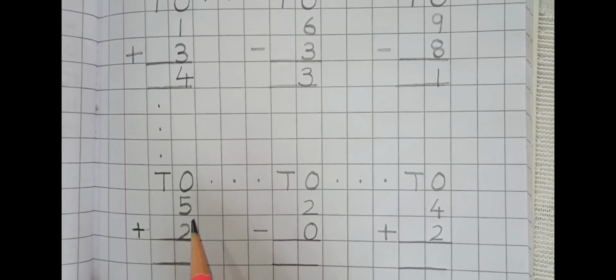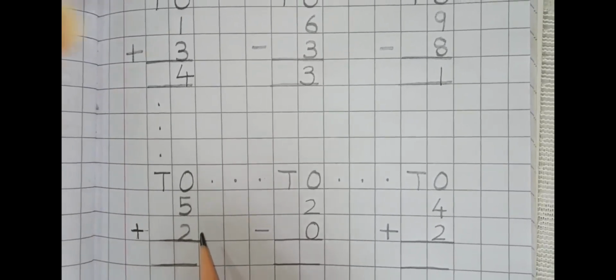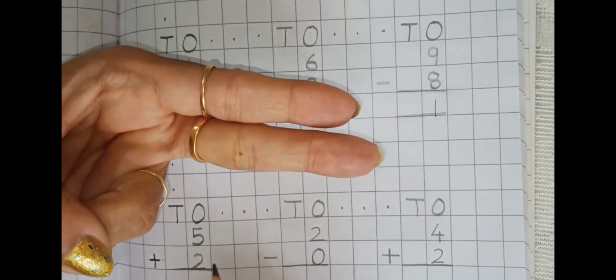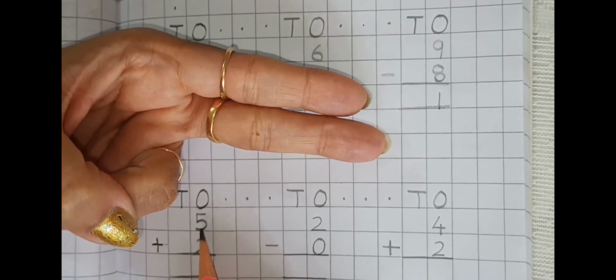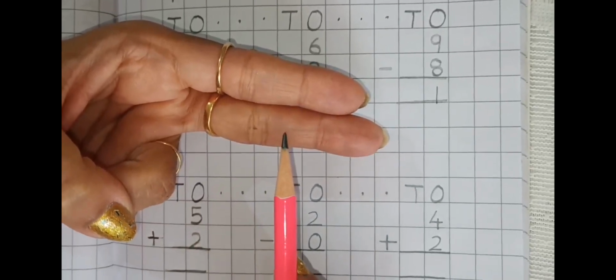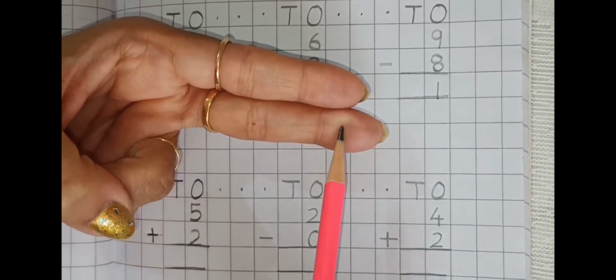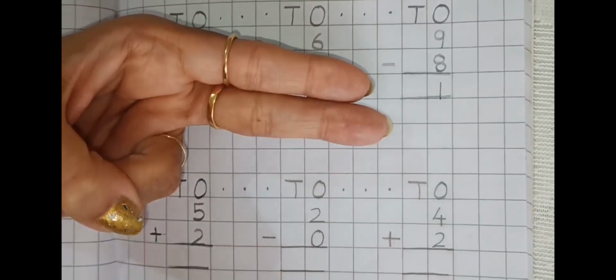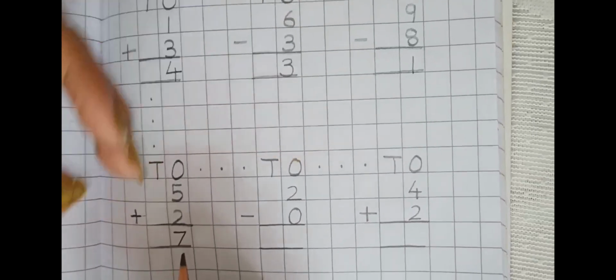Yes, we have to keep the smaller number in our fingers, which is 2. So 5 in our head and 2 in our fingers. So after 5, 6, 7. So the answer is 7.